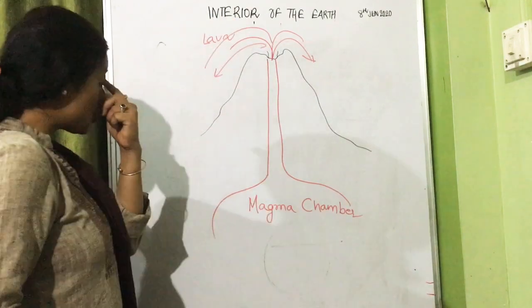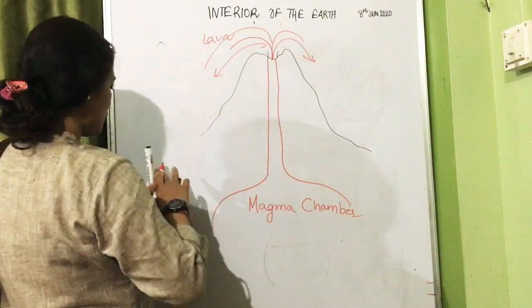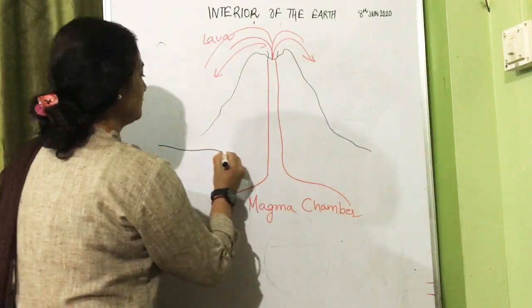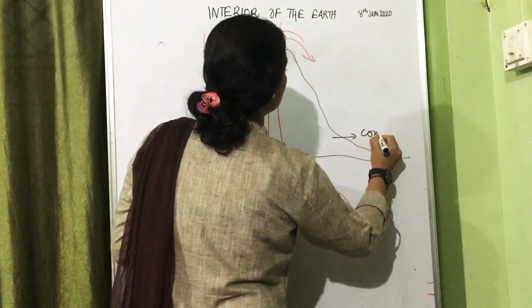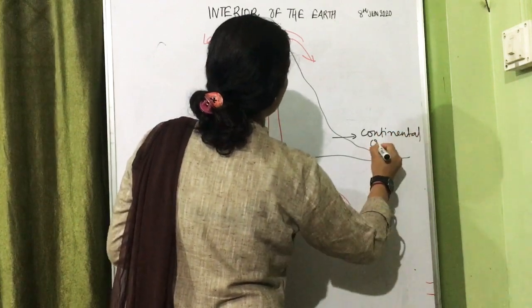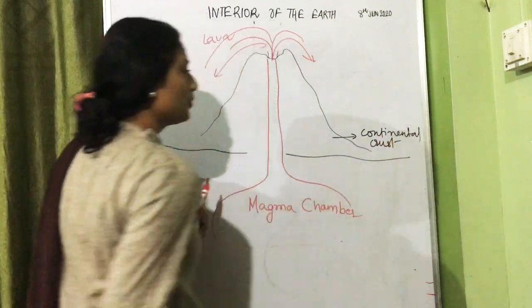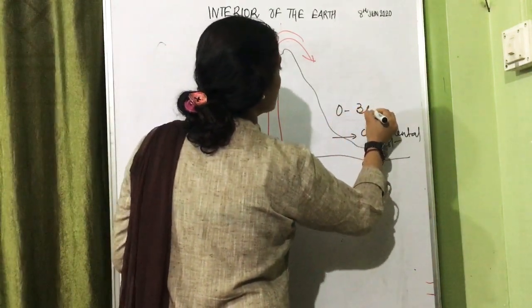Now, where is this magma chamber located? If I talk about the crust, this is your continental crust. You will find the thickness varies from 0 to 30 kilometers.